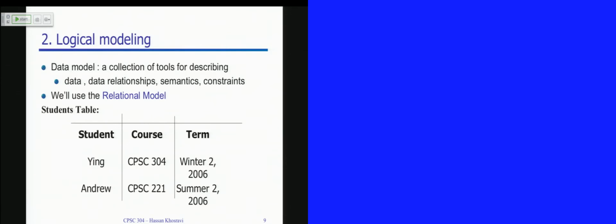For example, you can have a table for students where you keep the student name, the course that they're taking, and maybe the term that they're taking it in. And this is going to be relational models. And relational models is something that we're going to be studying in a lot of depth in this class. So I'm just giving you a review of basically most of the stuff that we're going to be doing throughout the whole semester.